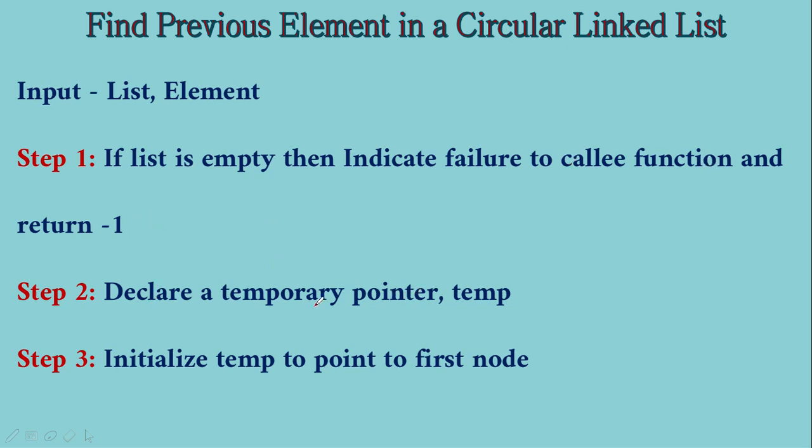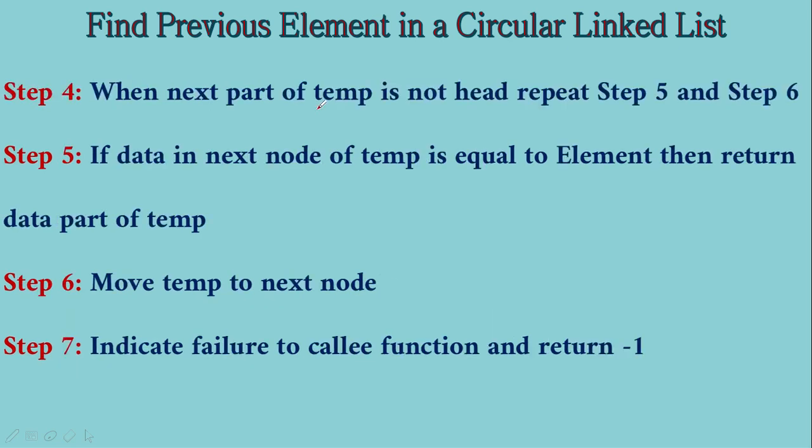Otherwise declare a temporary pointer and initialize temp to the first node. While the next part of temp is not head, that is, until we get to the last node, repeat steps 5 and 6. If the data in the next node of temp, that's what we are going to check, is equal to the element we are searching for, then return the data part of temp; otherwise move temp to the next node.